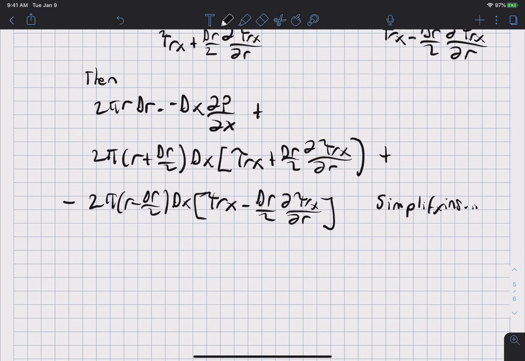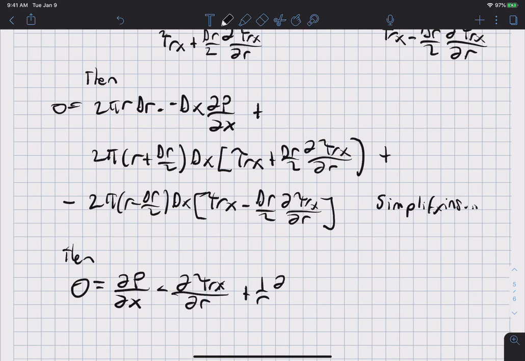If you do this, we have an equilibrium condition here. So we wind up with 0 is equal to partial p partial x, and again I'm skipping quite a few steps, minus partial tau rx partial r plus 1 over r tau rx.